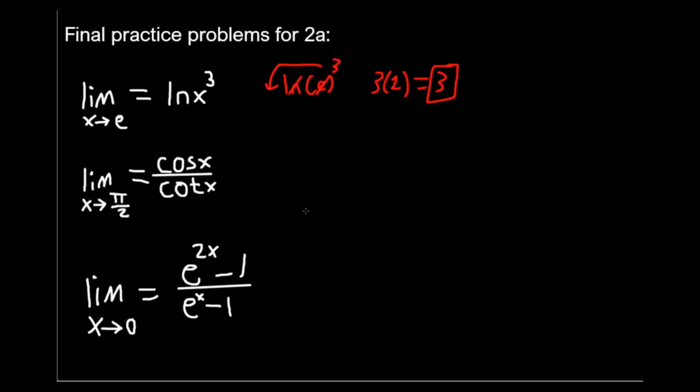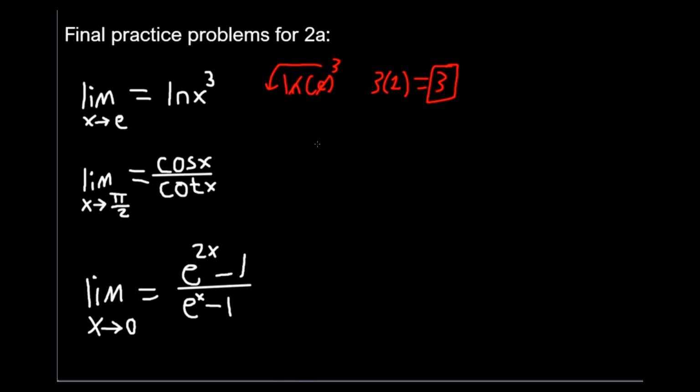Okay. So this next one is the limit of f of x as x approaches pi over 2 is equal to cosine x over cotangent x. So this one, cotangent, is cosine over sine, for those who don't know, but again, you should know if you're familiar with your unit circle and trig identities.